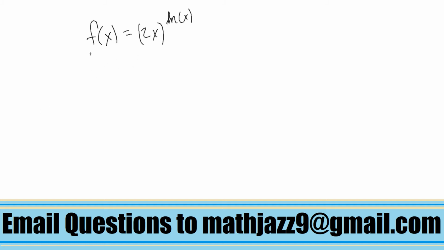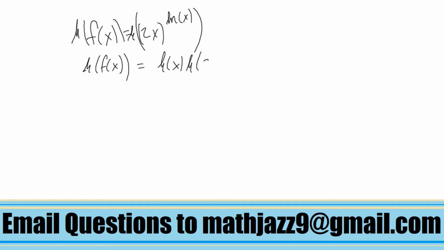logarithmic differentiation. So first we take the natural log of both sides, ln of this and ln of this. Exponents inside of a log can come down as coefficients. So we get ln f of x, that's the left-hand side of the equation, equals ln x, that's the exponent, times the natural log of 2x.